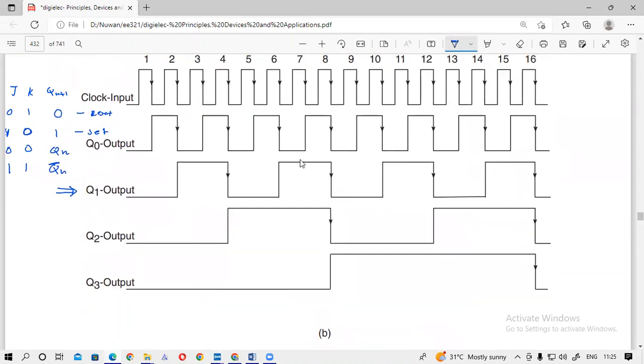You can see that at the initial state Q2 is 0. This is the clock signal for FF2.